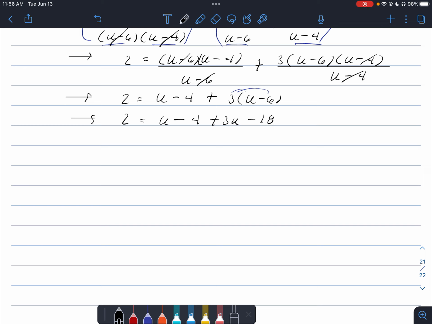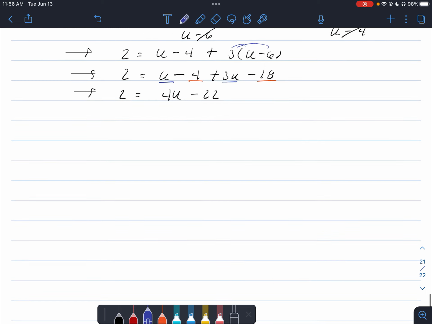We have a u and a 3u, so we'll get 2 is equal to 4u. And then we have a negative 4 and a negative 18, so we'll have a minus 22. Now we can add 22 to both sides.